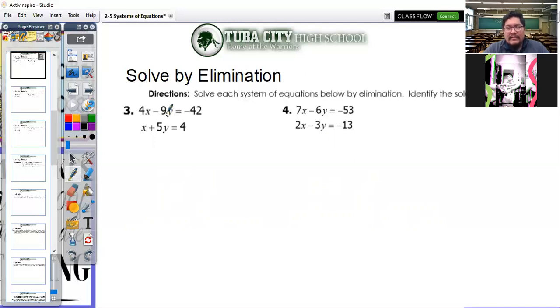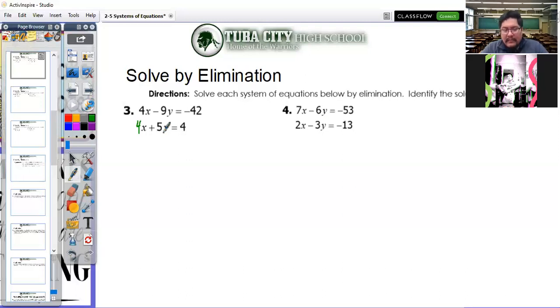Now, you can make things easy for yourself by changing the fewest things possible. So to change the fewest things possible, let's look at x. All right, and I kind of knew that it was going to be this way. To change x, all I'd have to do is just multiply this by 4, and they would have the same coefficient.